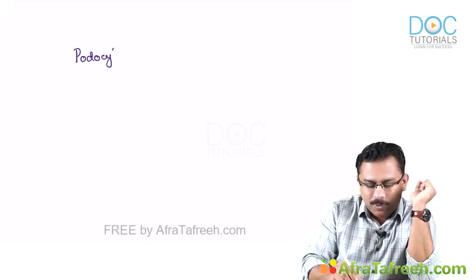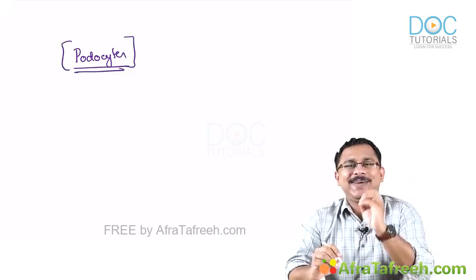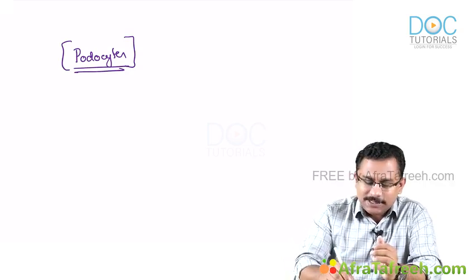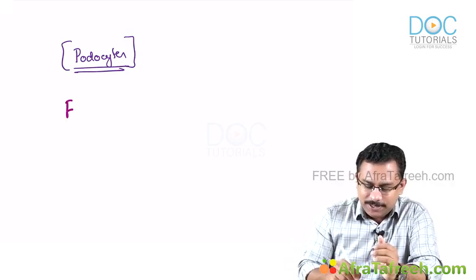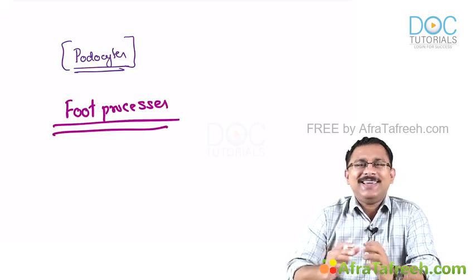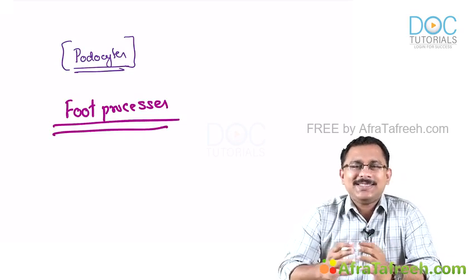Now, why are podocytes very important in this module? Because the foot processes of the podocytes are very closely linked to your glomerulus. We will come to the pictures soon.